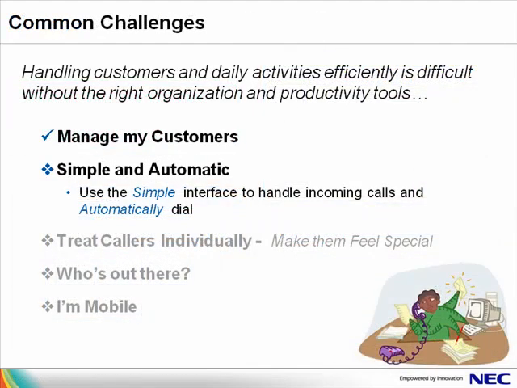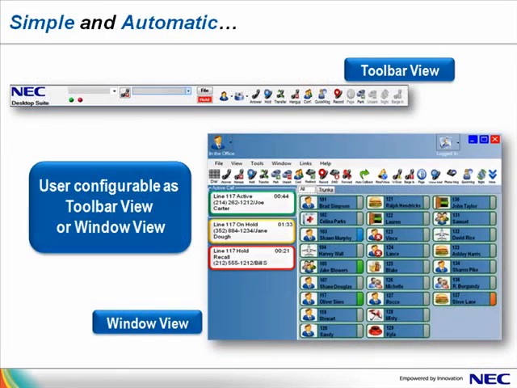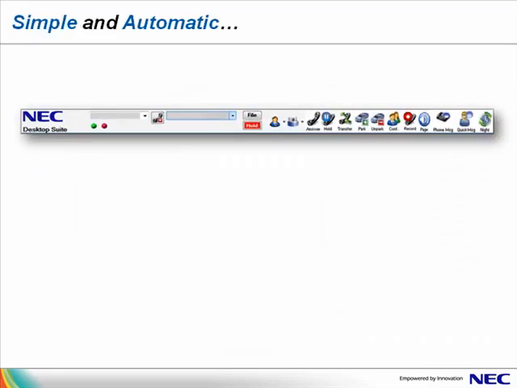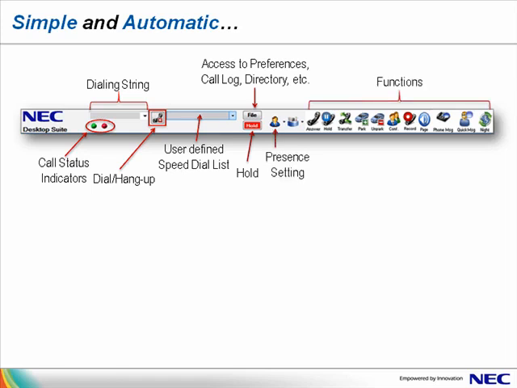We've seen how UC Desktop Suite can help you manage your customers. How simple is it to use? For your convenience, UC Desktop Suite can be configured as a toolbar or window. The toolbar view consists of a dialing string, call status area, dial or hang up button, speed dial list with redial access to the last 20 calls, file button for preference setup, call log, directories, hold button, presence setting, and telephone functions.